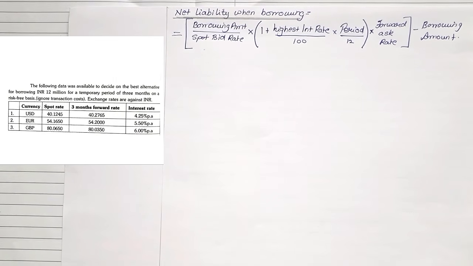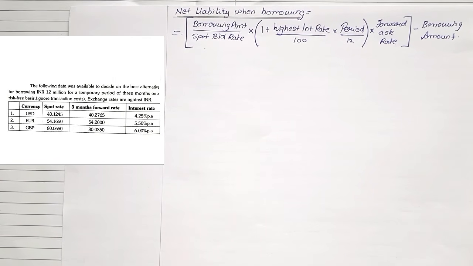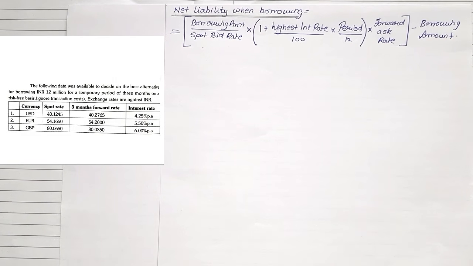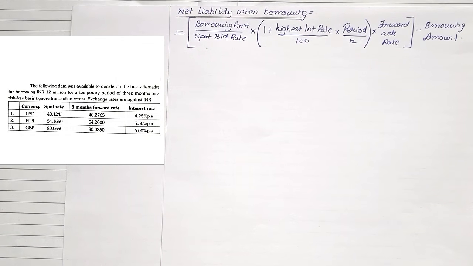Now let us see the very first type of sum under the topic borrowing decision based on covered interest parity theory. Now we'll read the question once and then we'll see how to solve the sum. The following data was available to decide on the best alternatives for borrowing INR 12 million for a temporary period of 3 months on a risk-free basis.